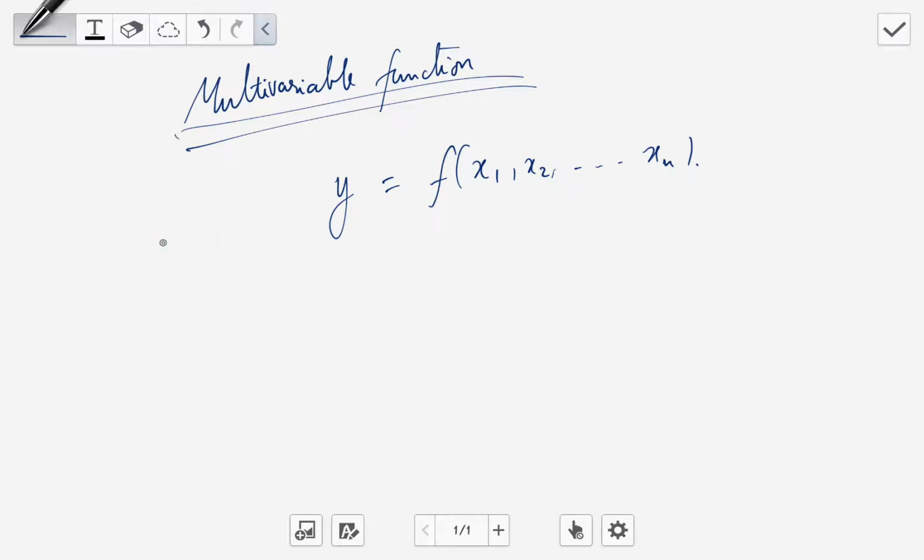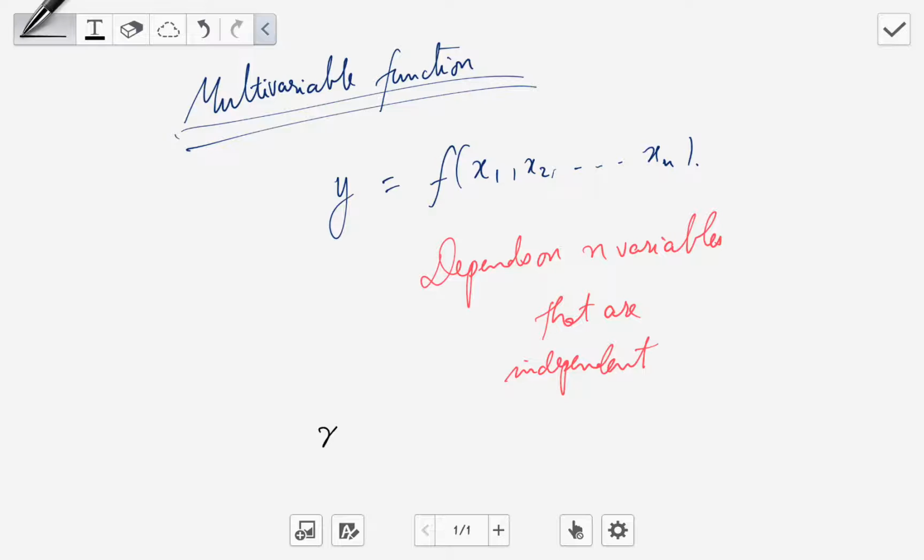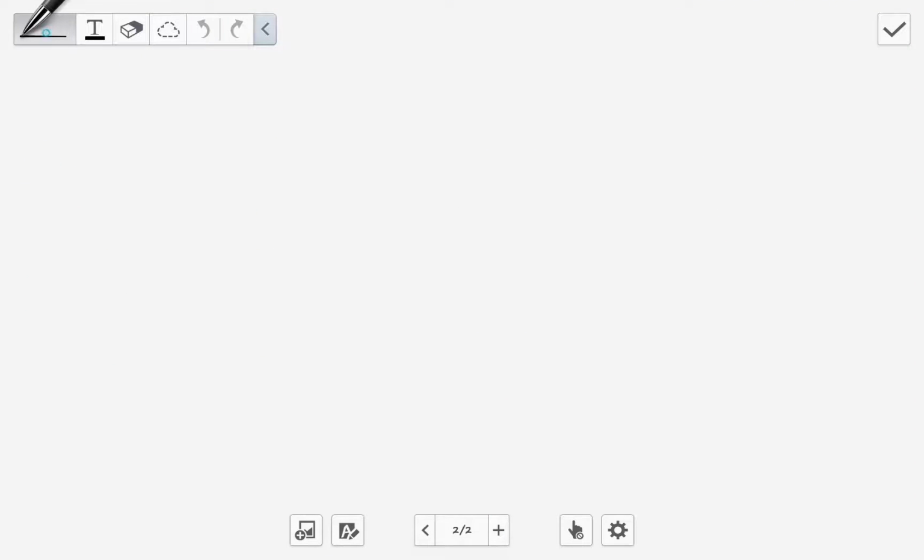So this function depends on n variables that are independent. What are those n variables? x1, x2, up to xn.